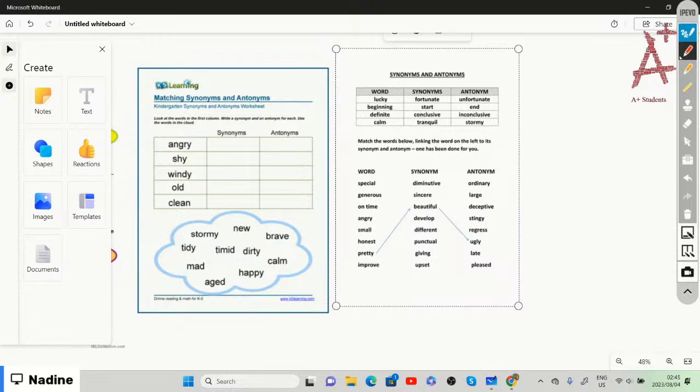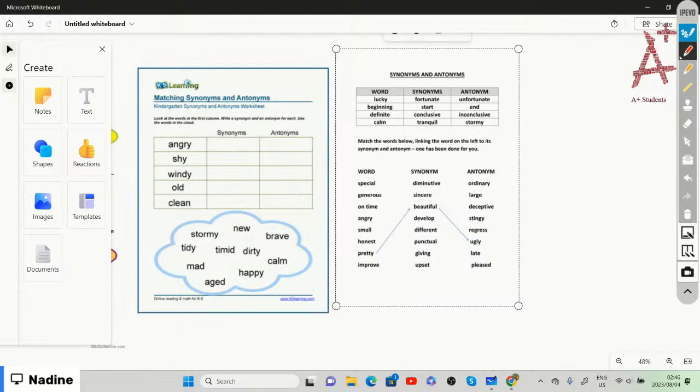So, special, another word for special. Diminutive. What is diminutive? Sincere, no, it can't be sincere. Develop, can't be develop. Special or different, no, can't be punctual.